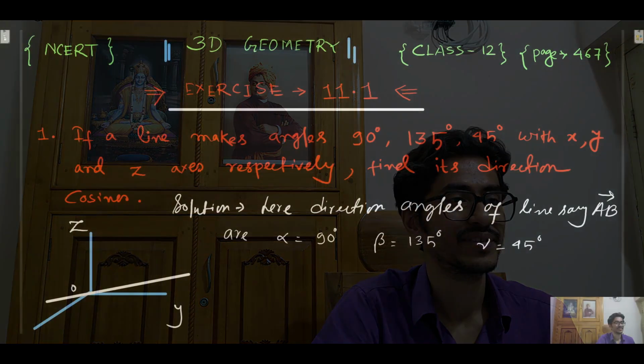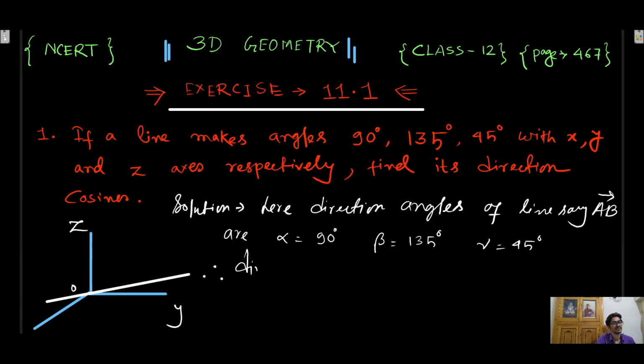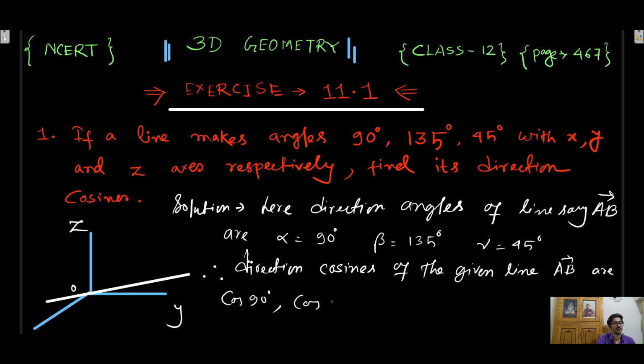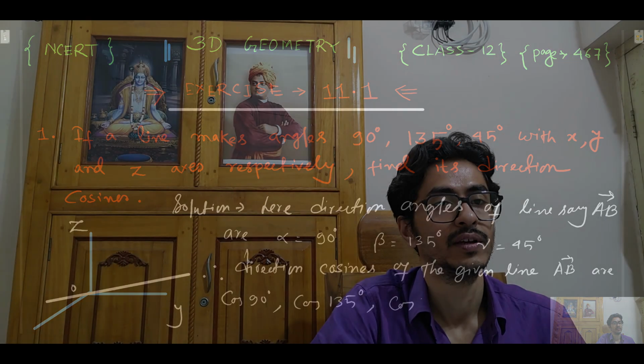So again from the lecture 1 we can say easily that if alpha, beta, gamma are the direction angles of a given line, then cos alpha, cos beta, cos gamma are what? Direction cosines. So therefore direction cosines of the given line AB vector are cos alpha means cos 90, cos 135 degree, cos 45 degree.